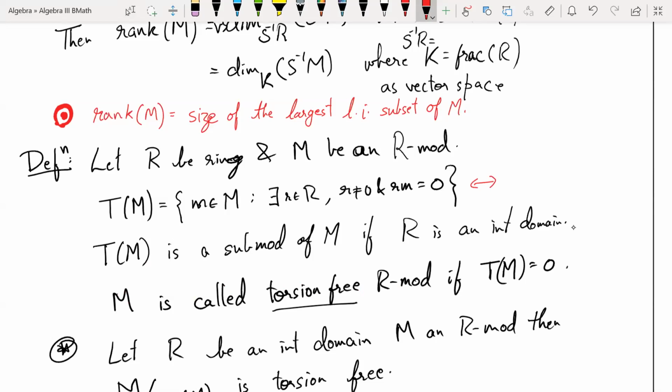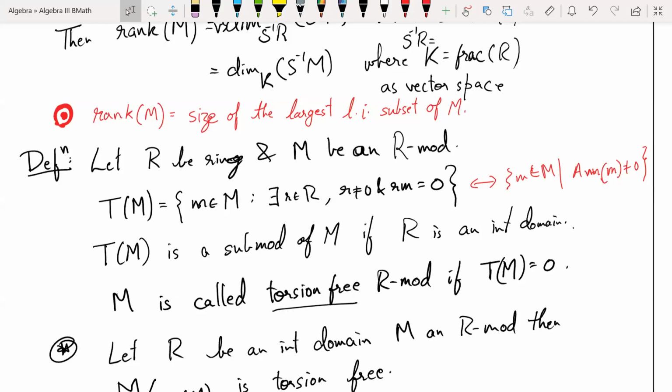So the set of m in M such that the annihilator of m is not zero, it's not the zero ideal. So that's another way of writing it.